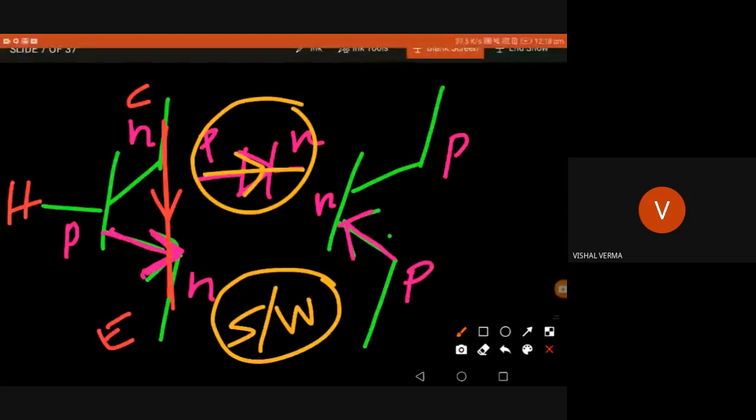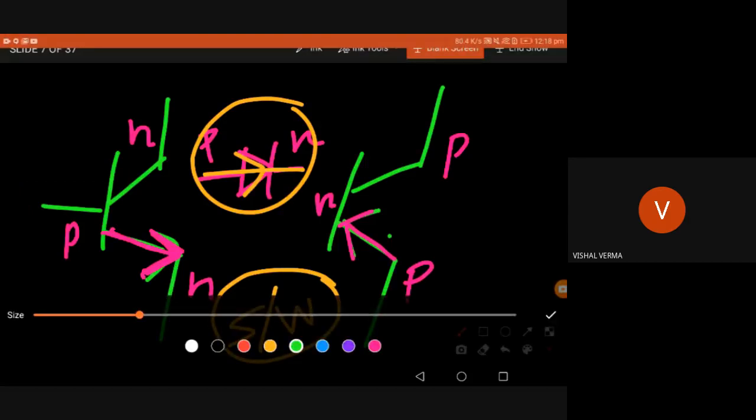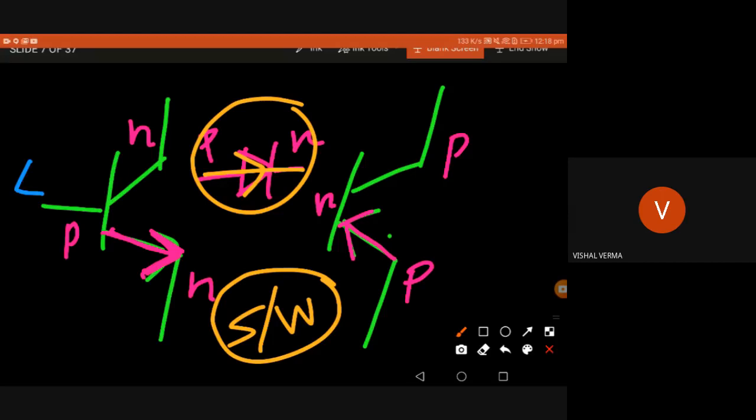And in the opposite case, if I give a low voltage, low current or low signal at the base of my NPN transistor, it becomes off. There is not enough signal in the base region. This is the base region. I think you refreshed: this is base, collector, emitter.